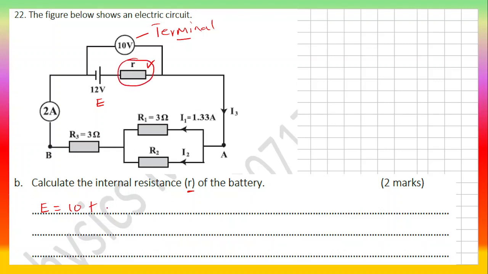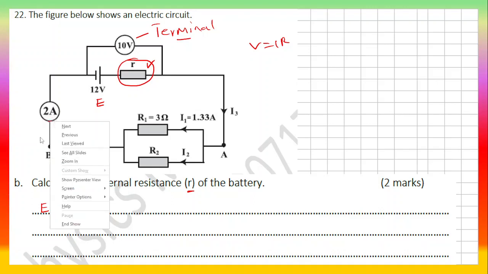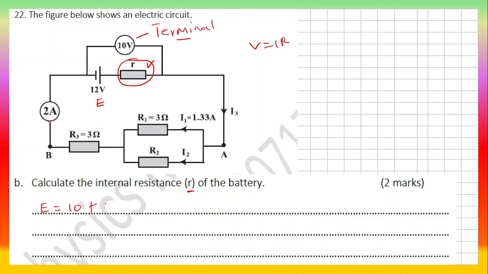How do you get the voltage? V is equal to I R. So R is not known, but we know the current is 2 amperes. So we have 2 R. So now we have 12 is equal to 10 plus 2 R. So 10 will cross to that side, and we'll have 2R is equal to 2.